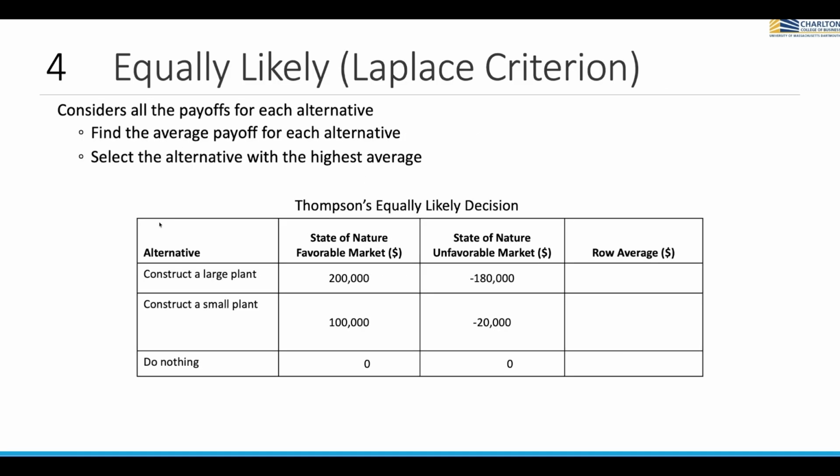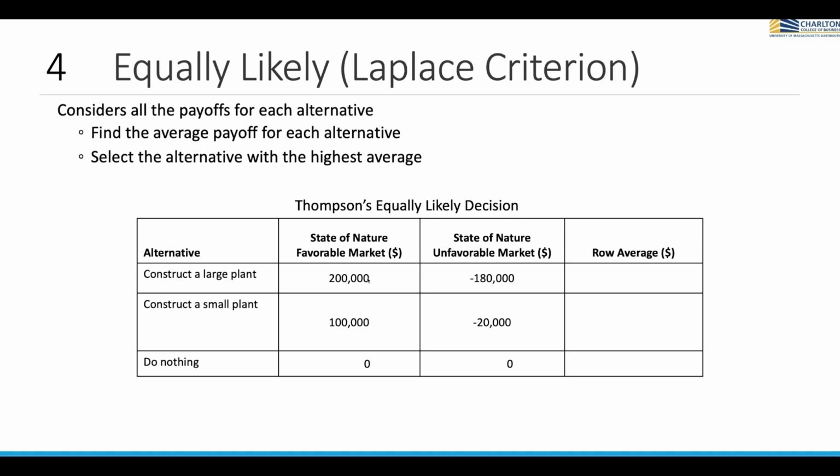Next method is Laplace criterion. In this method, we basically assign similar weight to each state of nature. Unlike the Hurwitz criterion, where we assigned alpha weight to the optimistic option, here for both states of nature, we assign similar or equal weight. So basically we want to get an average over these payoffs.